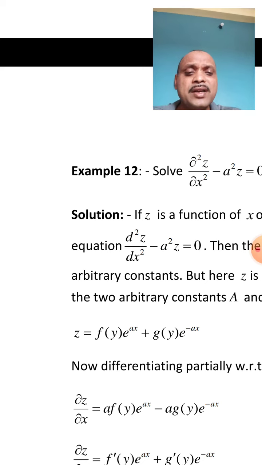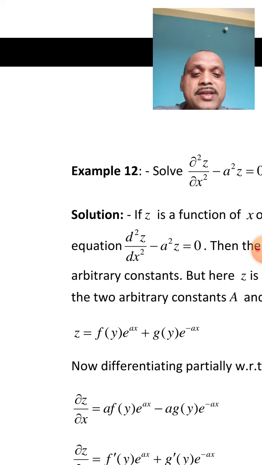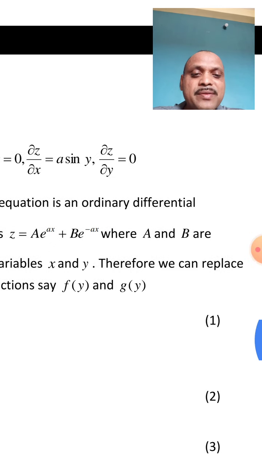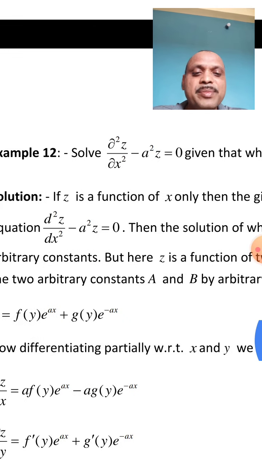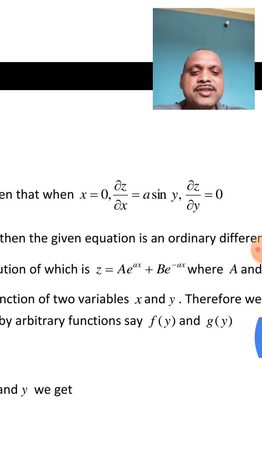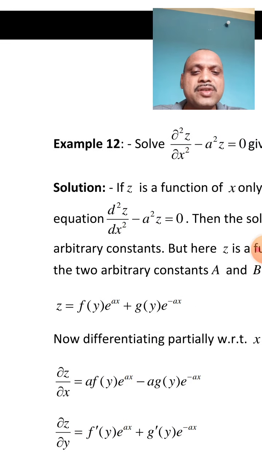So this is by assuming z is a function of x only, but here z is a function of two variables x and y. Therefore we replace A and B by arbitrary functions f of y and g of y, and the solution will be z equal to f of y e raised to ax plus g of y e raised to minus ax.